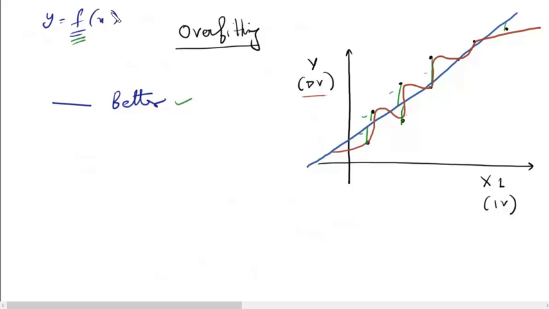In this case, the red model takes a very complex shape, and though the error is zero, it has a very complex shape. Now what would be the drawback of this complex shape? The drawback is that it will not generalize well on new data points, on the future data points or on the test data.